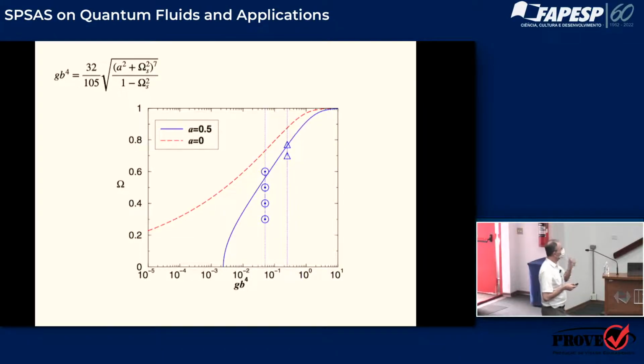And we build this plot for two kinds of parameters, for A equals 0, as I told you, and for A equals 0.5. We do full numerics for these 4 points, and then full numerics for these 2 points. So as you see, when you cross this region, we must have breakup exactly at this point.